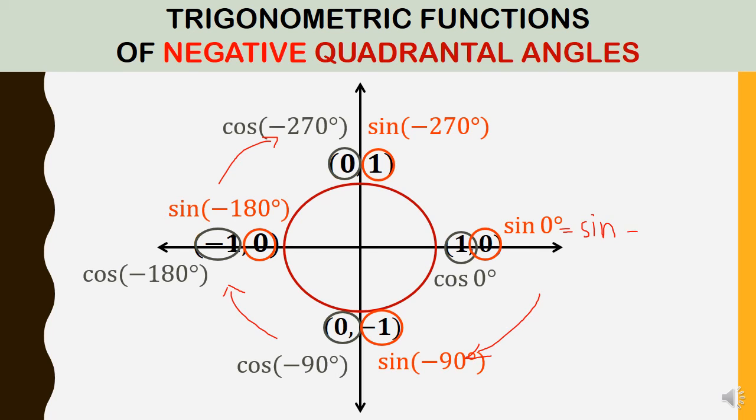And the cosine will be cosine of negative 360 degrees. I again have to enclose this inside a parenthesis to make it officially a negative angle. And then this one is also cosine of negative 360, not cosine of minus 360.